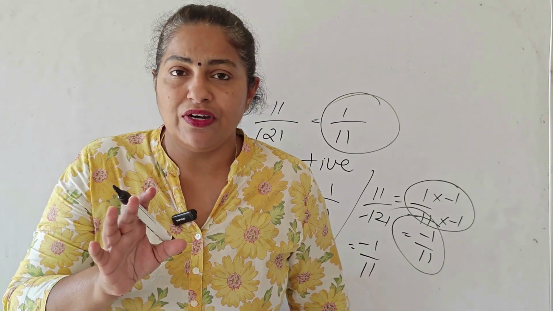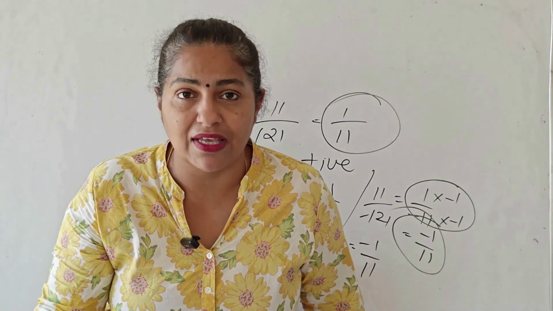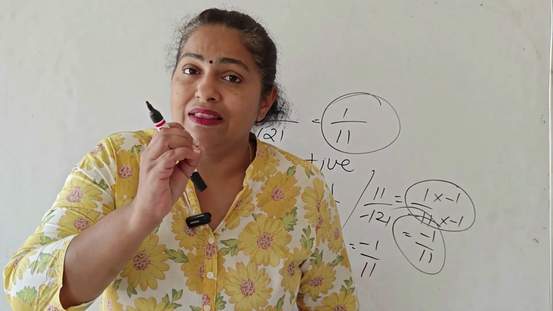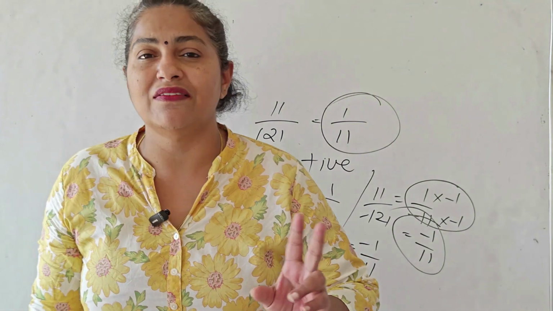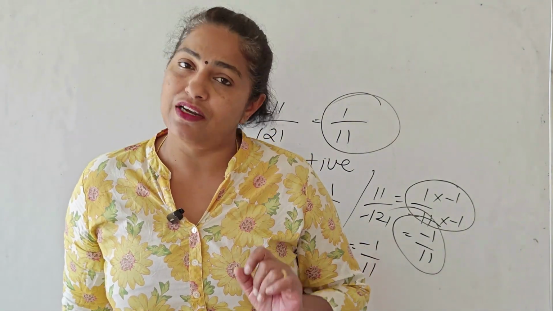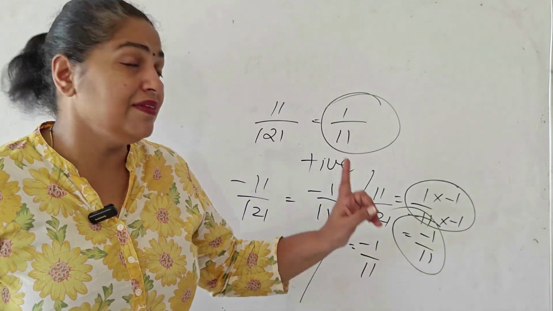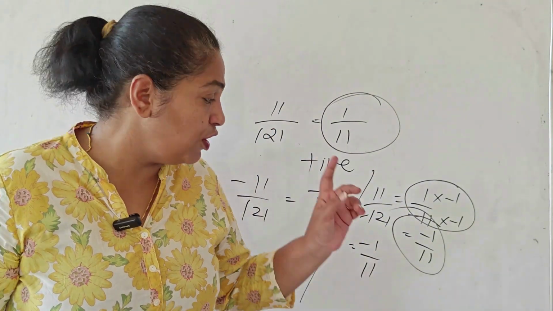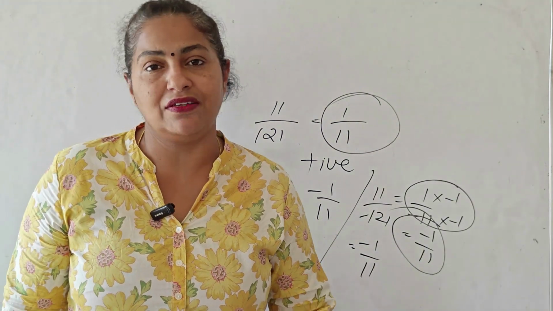So, you need to understand standard form is also the lowest form in all the cases. But in the case of negative rational numbers of this type, the lowest form and the standard form can be slightly different. Fine. So, when you are getting a number like this, in order to represent it in the standard form, reduce it to the lowest and bring the negative sign to the numerator.